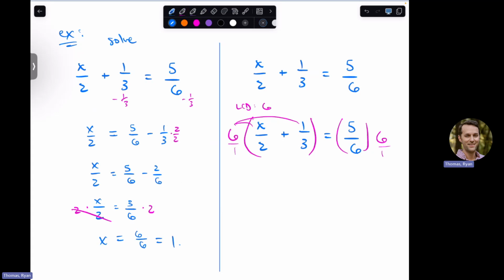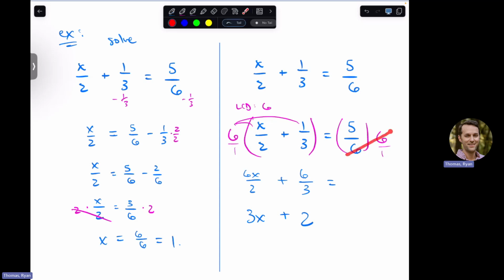So what's 6 times x/2? Which reduces to 6 divided by 2 is 3. 1/3, so 6/3, but that reduces to 2. And 5/6 times 6 would be 30/6 if we actually did the multiplication.